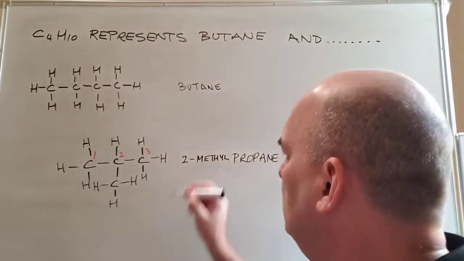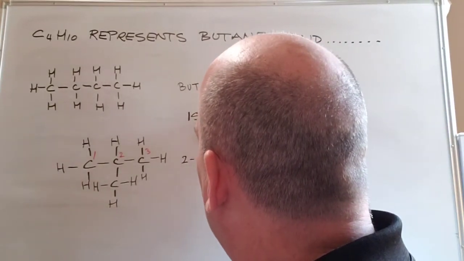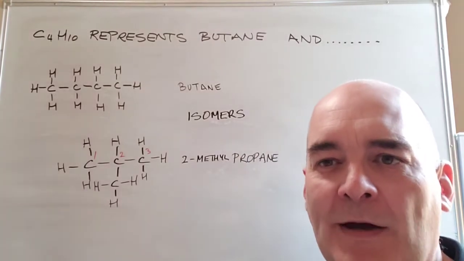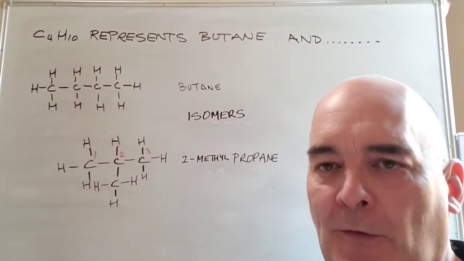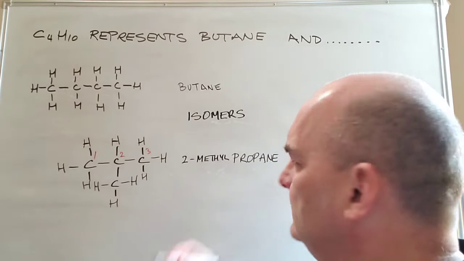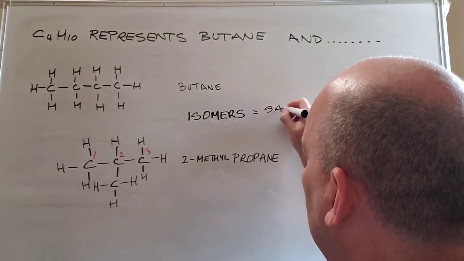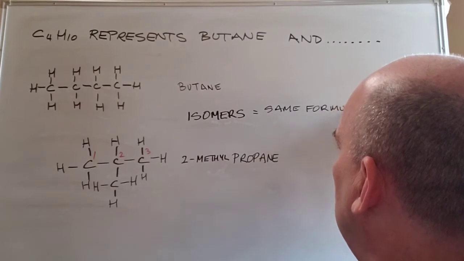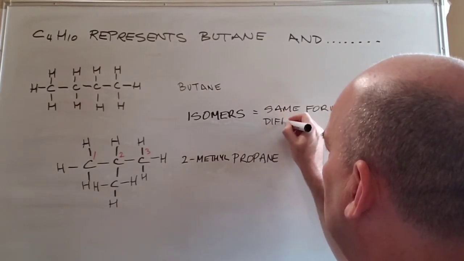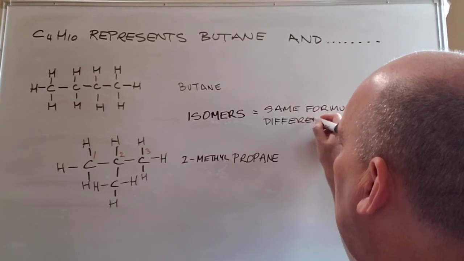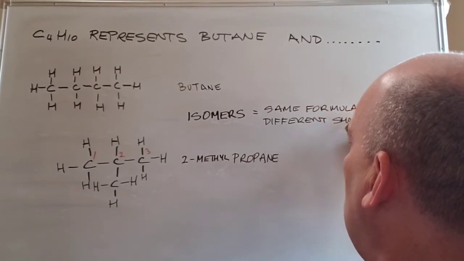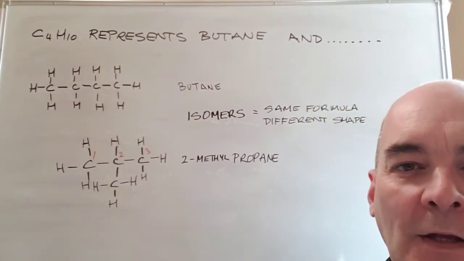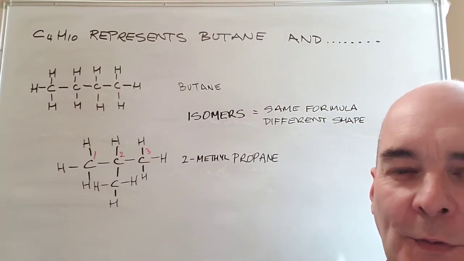These are called isomers. Isomers have the same chemical formula, but different shapes. And you may have heard me once already today say that in biochemistry, shape is absolutely everything.